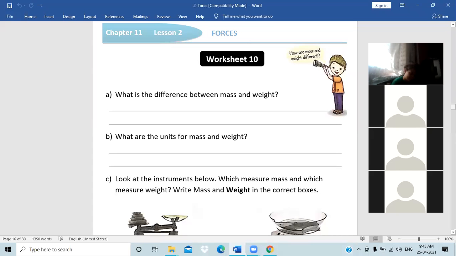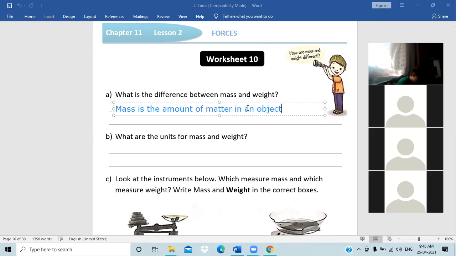The mass of an object is the amount of matter or stuff it contains. Exactly. While the weight is the force caused by gravity pulling down on the mass of the object. Thank you so much. Excellent answer. So mass is the amount of matter in an object.